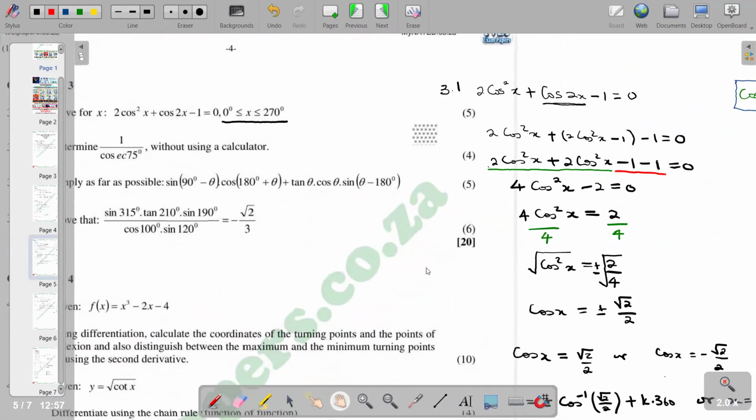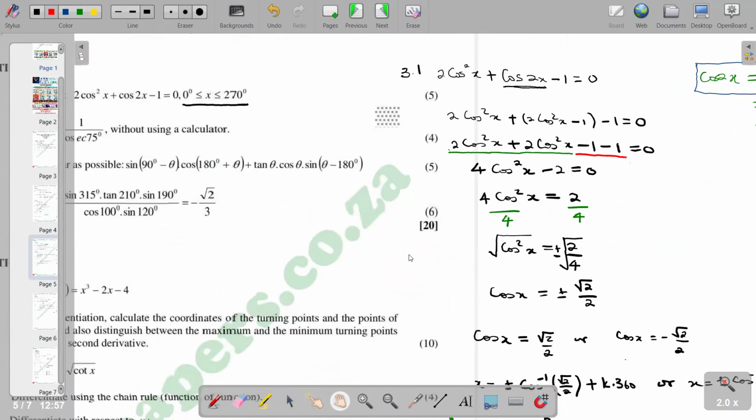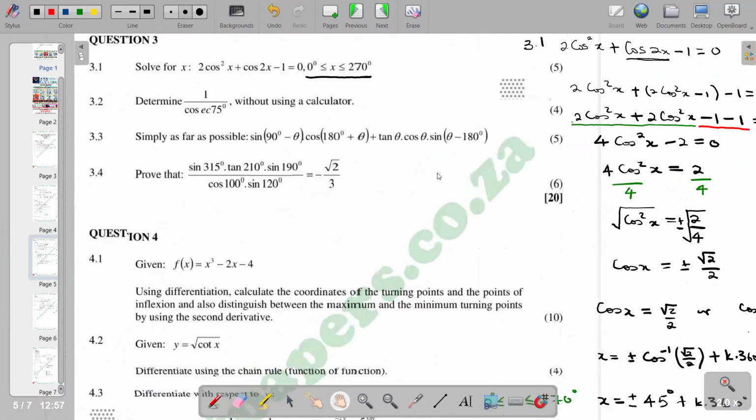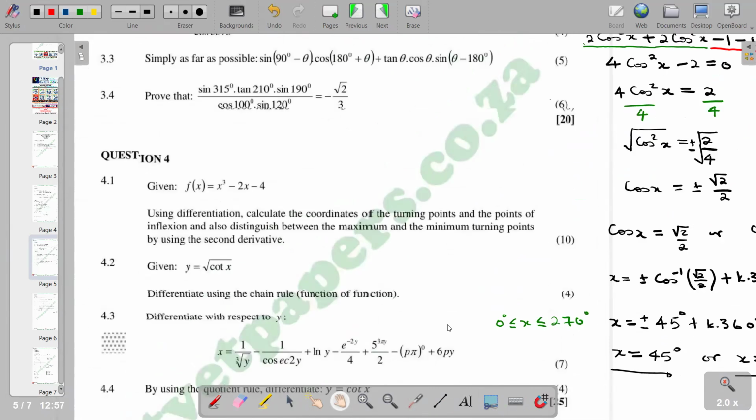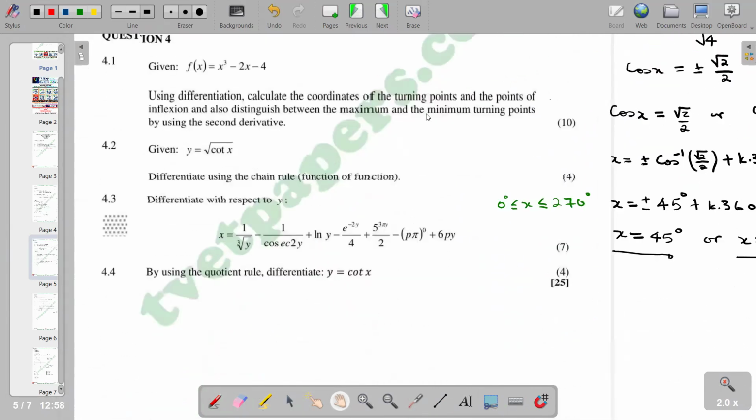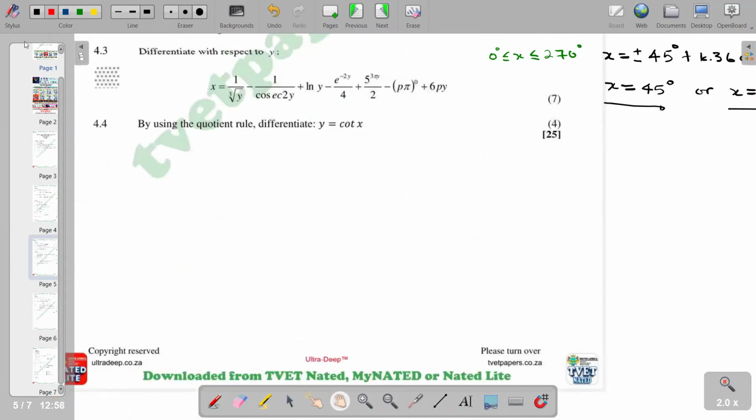So 3.2, let's create our space for 3.2. They said 1 over cosec 75 degrees.